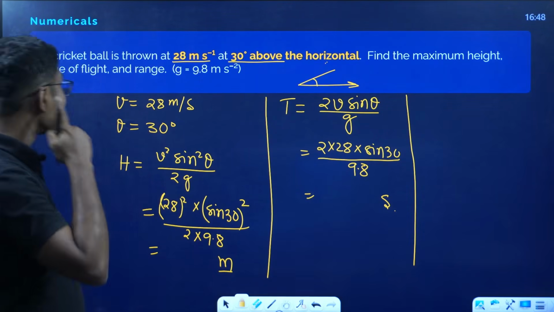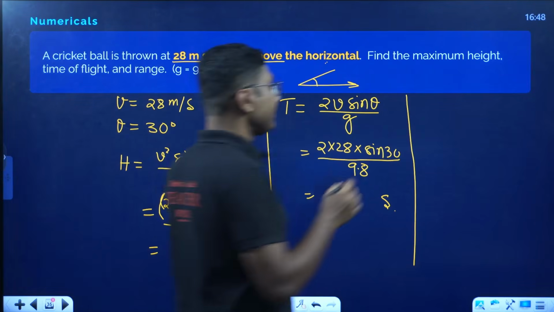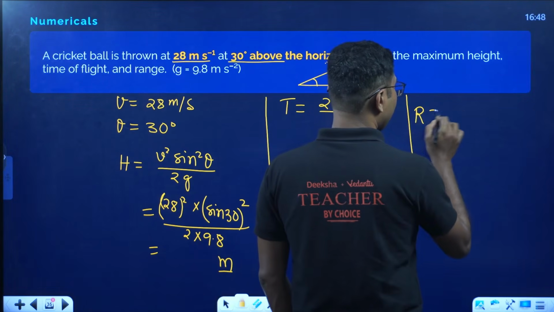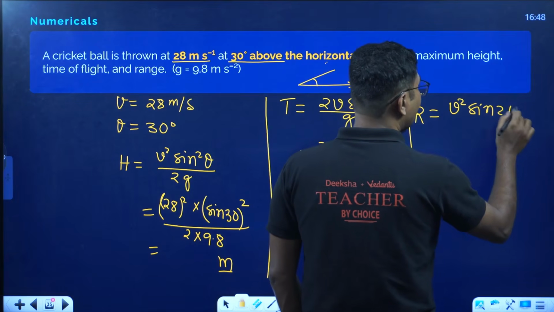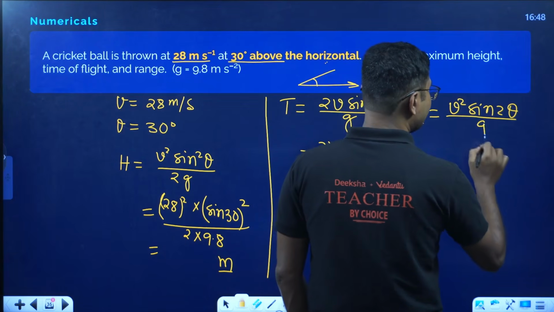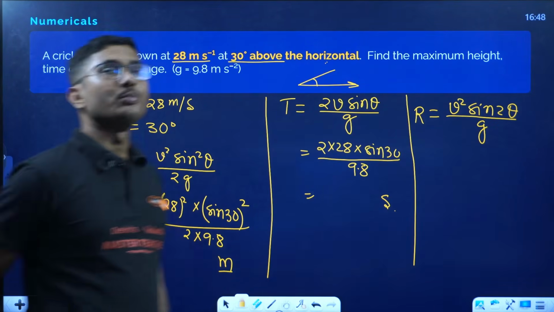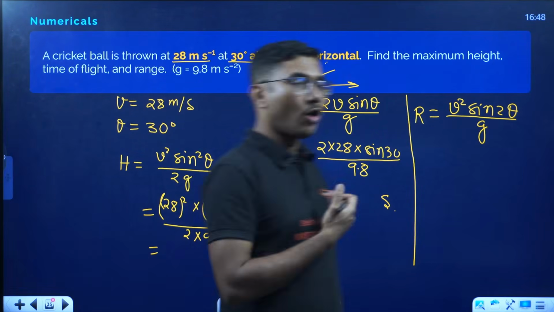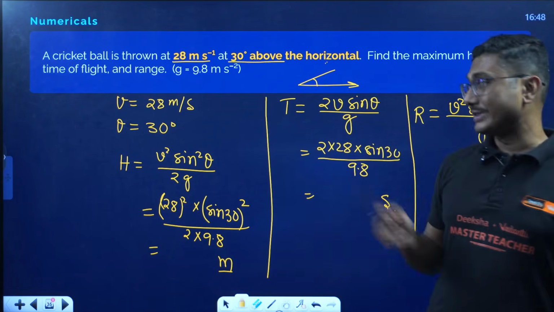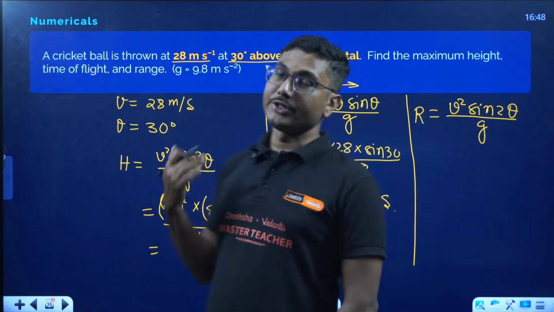And last is range. What is range? Range is given by v squared sine 2 theta by g. So remembering these equations is super duper important. That's why you need to practice a few of these kinds of questions as well as the derivation of these equations.